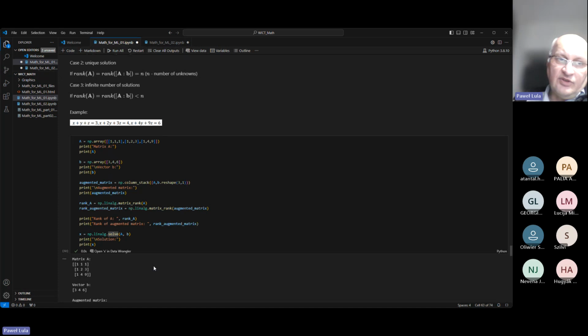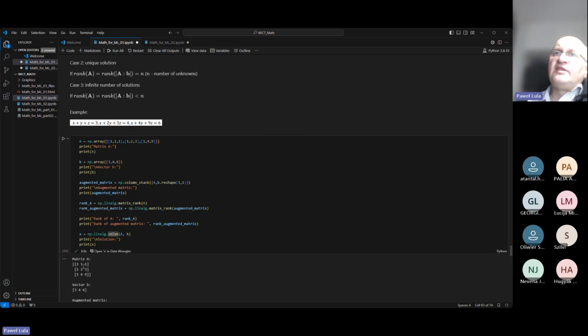And how to use these rules? We have a system of three equations. Here it is defined. It is represented in this program by this A matrix. It is vector B with 3, 4, 6, these constant parameters.